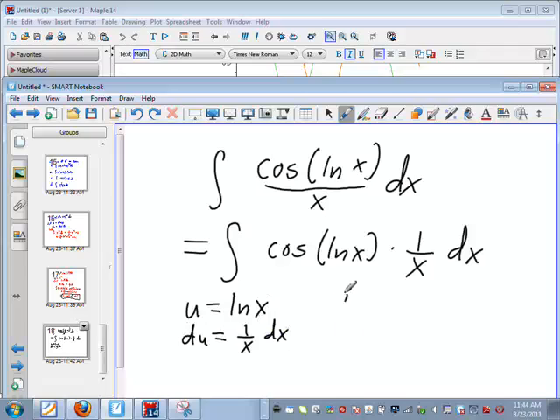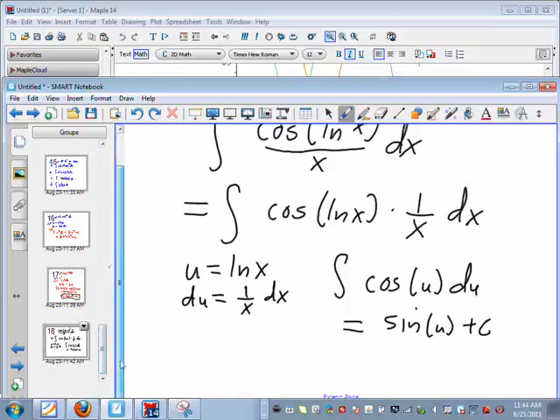This is our last one for today. This becomes the antiderivative of the cosine of u du, the sine of u plus a constant. And then u again was the natural log, so the sine of the natural log of x plus a constant.